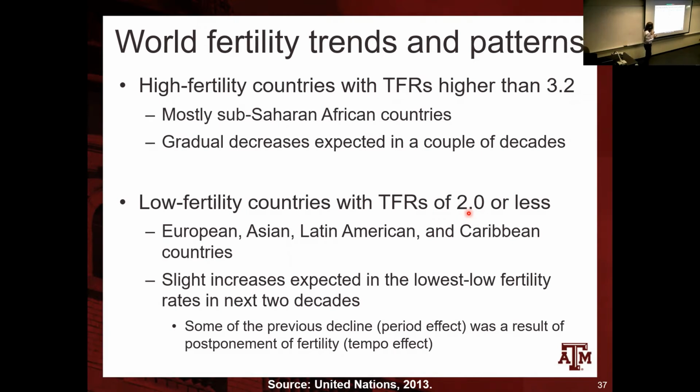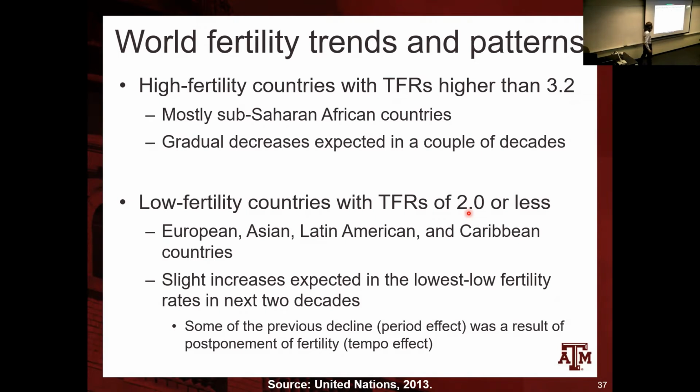But the whole question is: is this decline in fertility just a temporary effect or a long-term effect? If it's a temporary effect just related to the postponing of fertility, these fluctuations in fertility are called the tempo effect. And these terms, tempo effect and period effect, were used exactly by John Bongaarts as well, right?